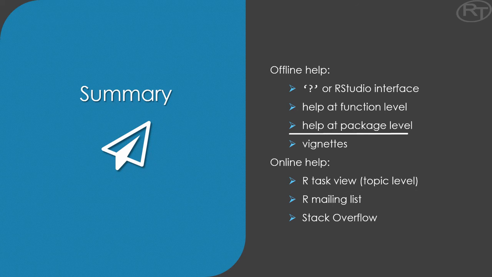I showed you how to get more info about a specific package within R. Vignettes are a great tool to get familiar with a new package and to understand its structure. And of course, we also learned about the very important R help functionality, which you can access either via RStudio or via the question mark function.